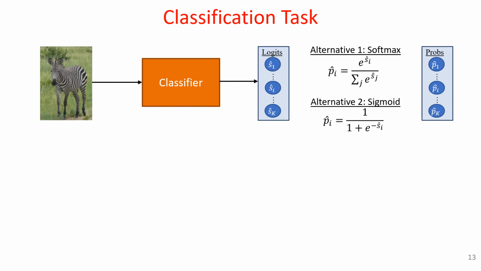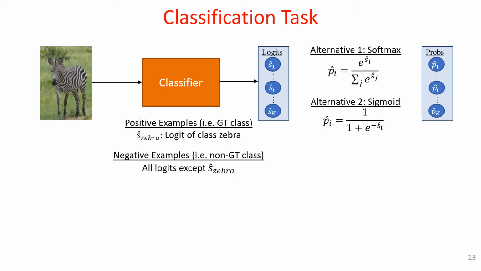Throughout this part of the tutorial, I will refer to the ground truth class logit and output as the positive example, the output to be maximized, and the remaining non-ground truth classes will be negative examples. Accordingly, in this image, the zebra output corresponds to the positive example, while all others belong to the negative class.